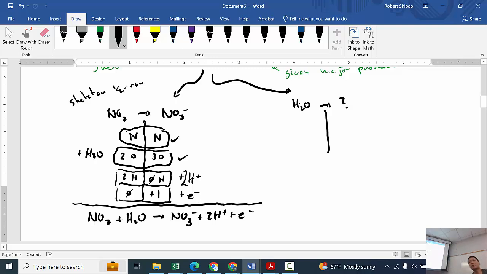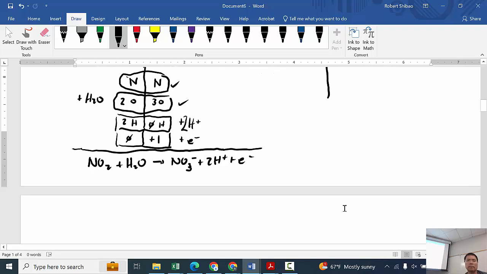Now, is this an oxidation half reaction or a reduction half reaction? Is this oil or rig? What does oil stand for again?